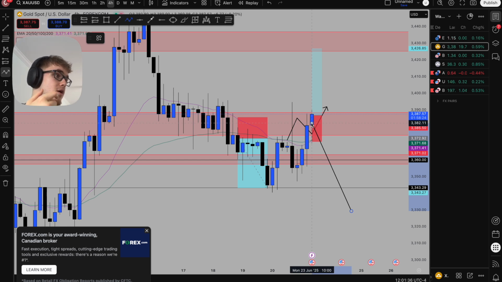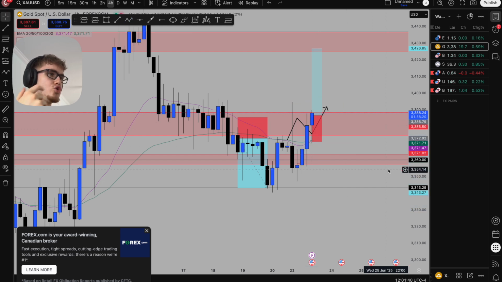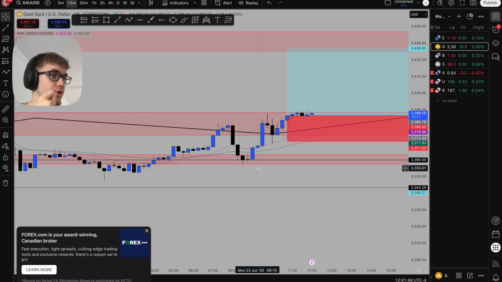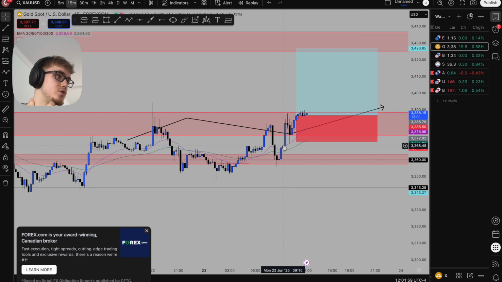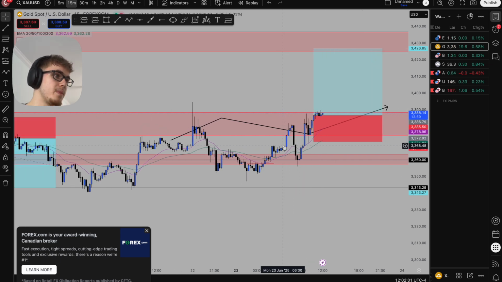Okay, and there was news at around 9:45, and when we had news at 9:45, price started to spike up, which shows us that at 9:30 we have some clear bullish momentum, and price is ready to give a push to the upside.